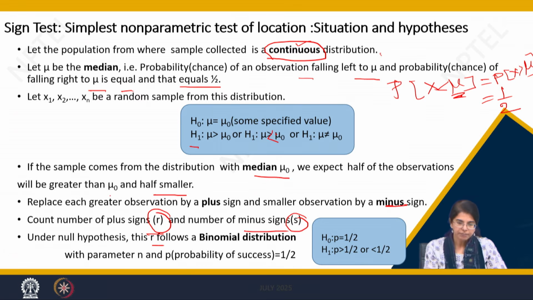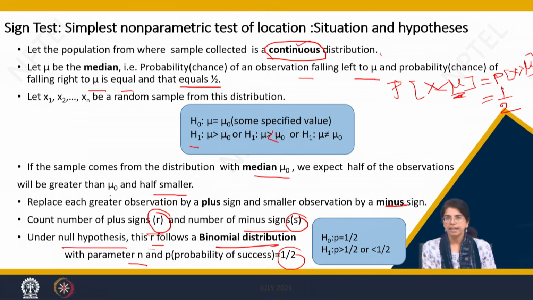Clear? So, under the null hypothesis, r follows a binomial distribution with parameter n, the total number of sample points x 1, x 2, ..., x n, and the probability of success of that binomial is half. Why? Because it is a median. The probability of X greater than mu 0 is half, and X less than mu 0 is also half. So, binomial with success probability half.